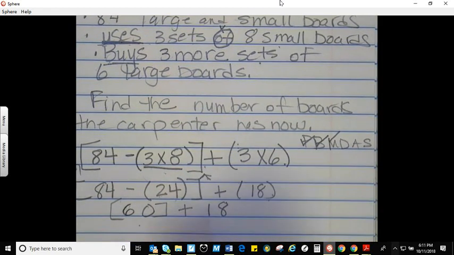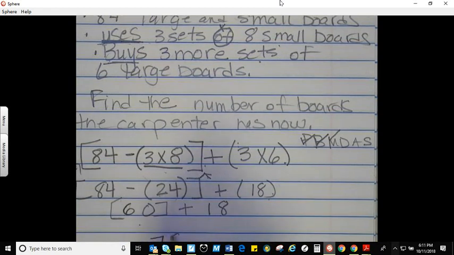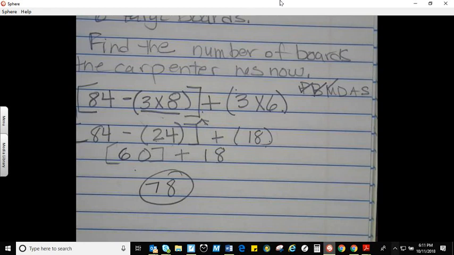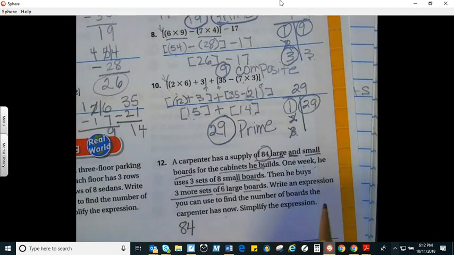So 60 plus 18 equals 78. He's got 78 boards remaining. So that's not bad. He started off with 84, went and bought some more, used some, he's got 78 left in his stash. Okay, so that's how you'll work that one out. And then over here, when I do my problem, I'm going to have 84.